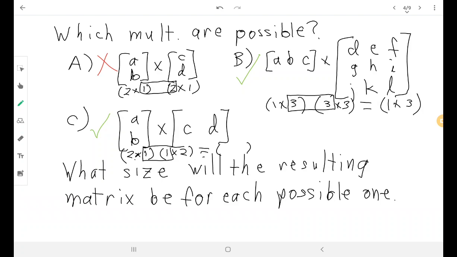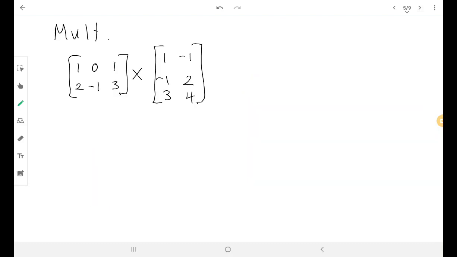Just use the outer numbers. It's going to be a 2 by 2 matrix. All right, so that is how you decide whether you can multiply matrices at all, and what the resulting dimensions will be.